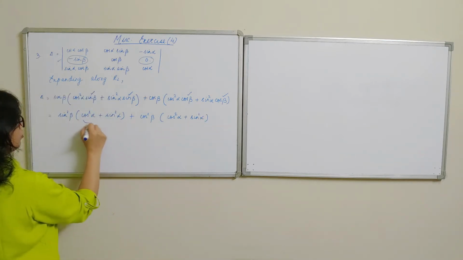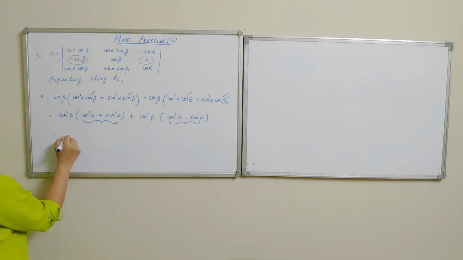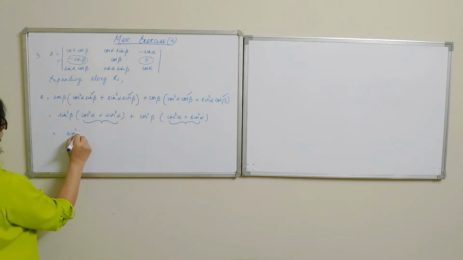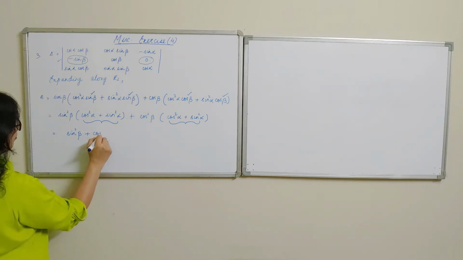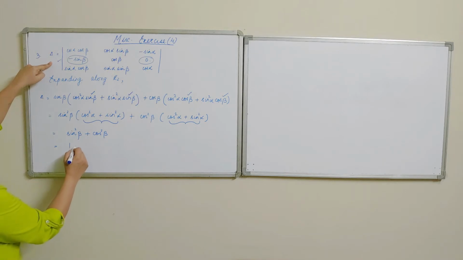Again from basic trigonometry, you know this result is 1. So we have sin square beta plus cos square beta, which turns out to be 1. So this determinant is equal to 1.